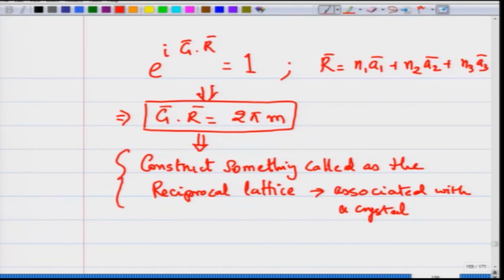So, we will be able to do a geometrical construction using this expression to construct something called the reciprocal lattice, a very important aspect of crystals.